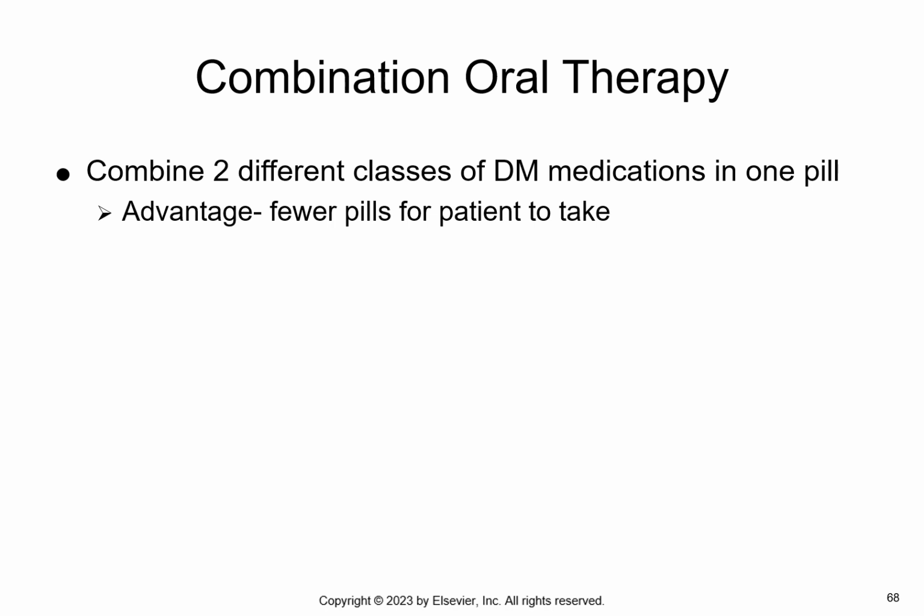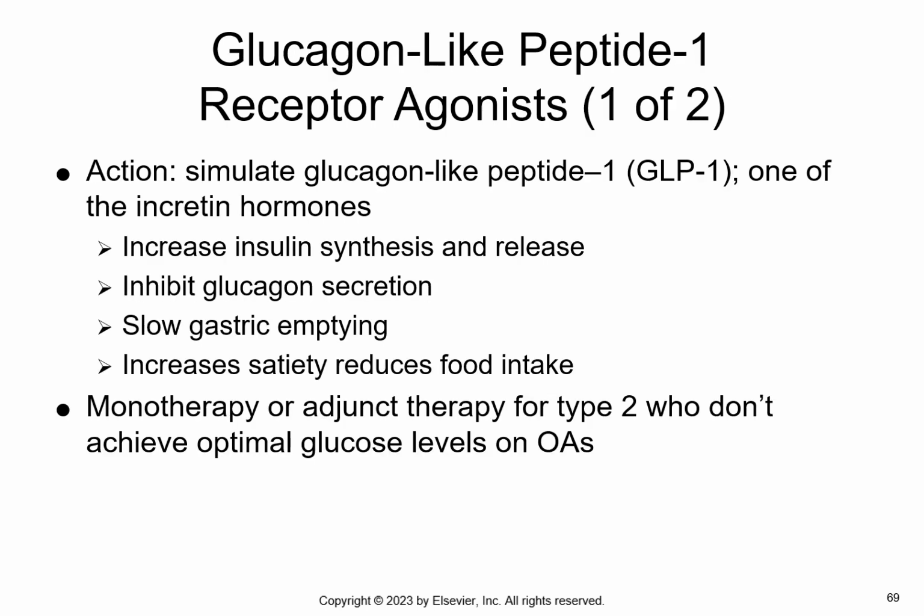Glucagon-like peptide 1 receptor agonist. GLP-1 receptor agonists stimulate GLP-1, an incretin hormone.